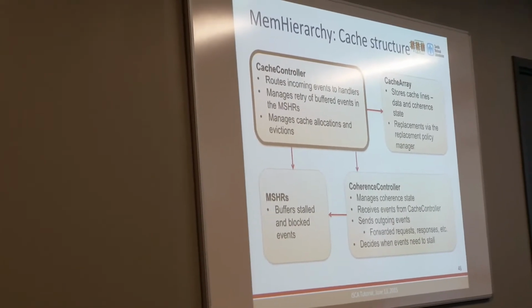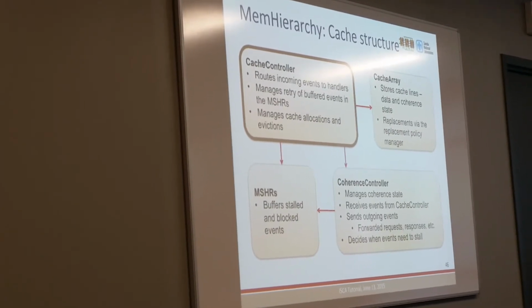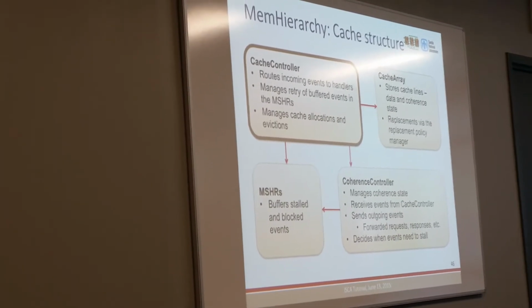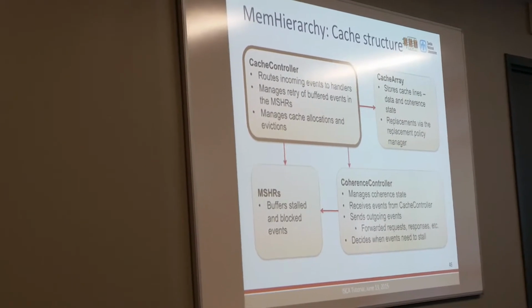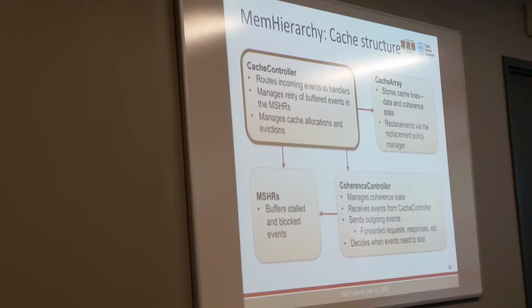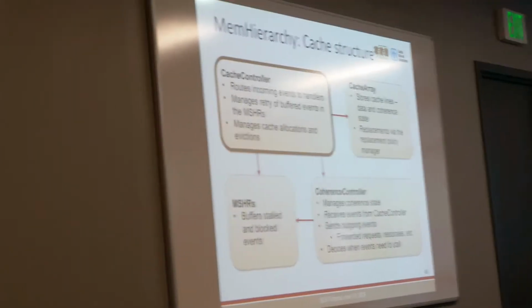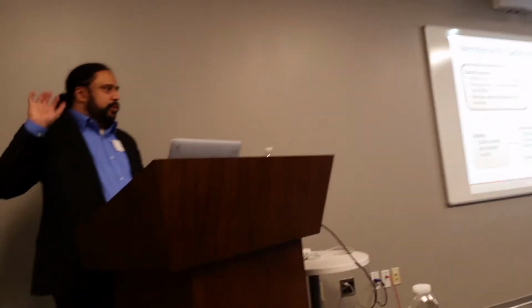Internally, a cache looks kind of like this. You have the actual cache controller, which routes incoming events to different handlers and subcomponents within the cache. It also manages retry of buffered events and will manage all the different cache allocations and evictions. The cache array stores the actual cache lines, both the actual data and metadata, particularly coherent state, and performs replacements based on the replacement policy manager.